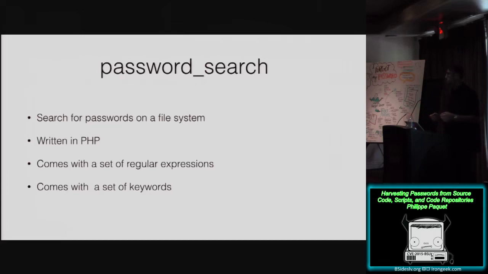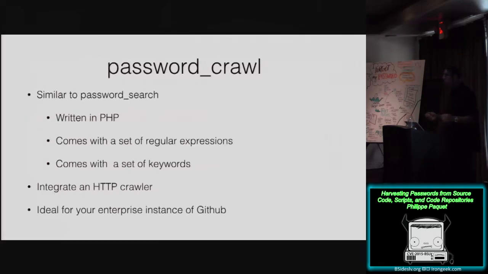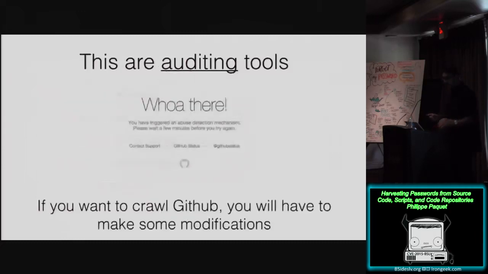I'm going to provide you the regular expressions and keywords. The second tool is called password crawl. It's very similar, except that it integrates a web crawler. So when you have your enterprise GitHub repository that's private, you're going to point it at it, push a button, and you're going to get extraction of all the passwords or API keys you can find. No, these are auditing tools.